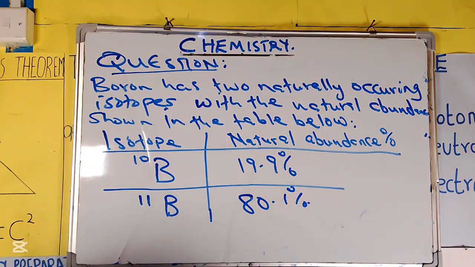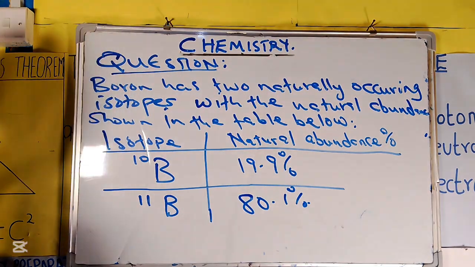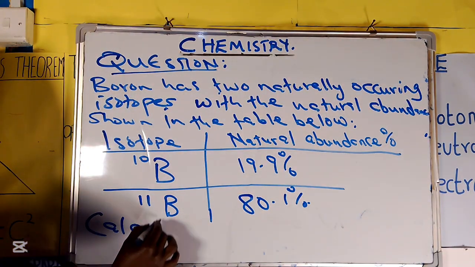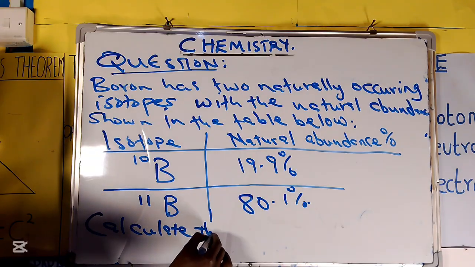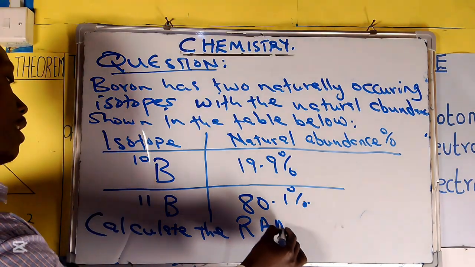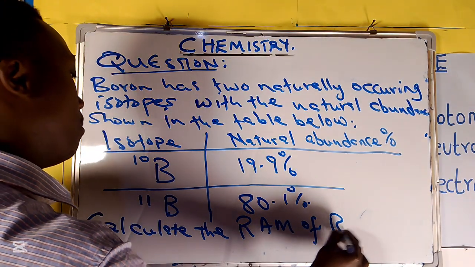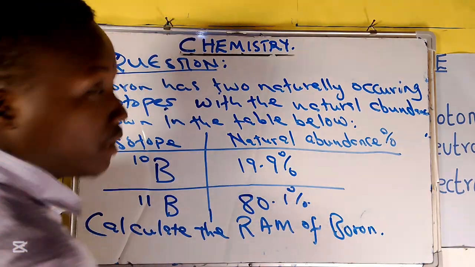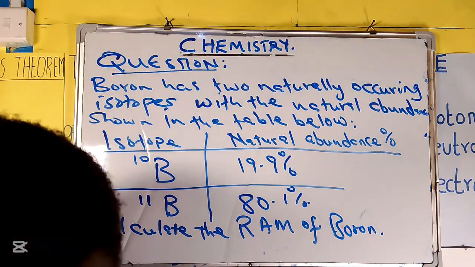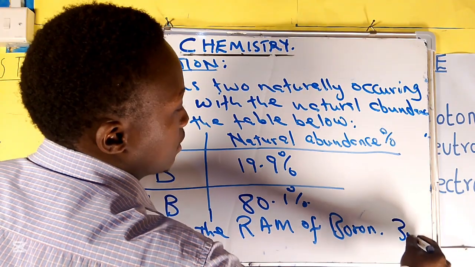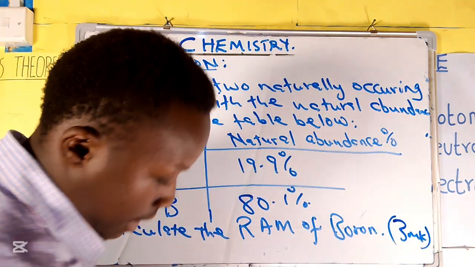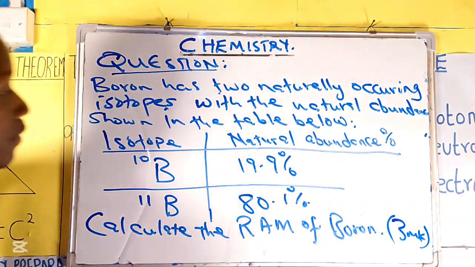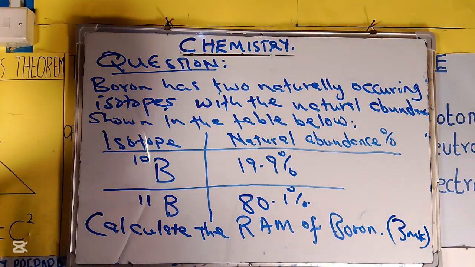Then the question is asking, calculate the RAM of boron. That question has 3 marks.